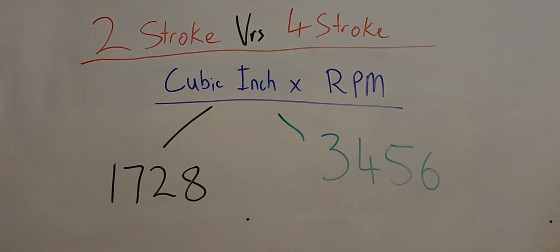For the 4-stroke, because there are 2 revolutions required for the entire engine to consume its displacement, it is cubic inch times RPM divided by 3456. Using this formula, we can see that a 2-stroke and a 4-stroke that have the same engine displacement, the 2-stroke is going to make twice the horsepower because it is going to consume twice the air and fuel.